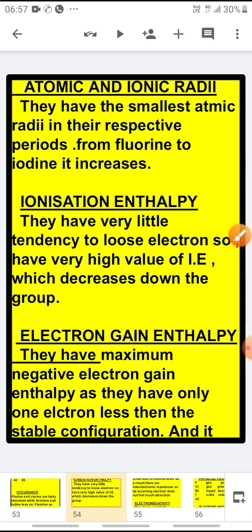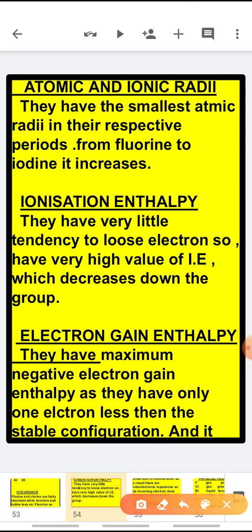Now coming to ionization enthalpy, as they have only 1 electron less than the stable configuration, so they have a very high value of ionization enthalpy, but it decreases down the group. They do not have a tendency to lose electron. They have very little tendency, you can say. Now coming to the electron gain enthalpy. You all know electron gain enthalpy is the amount of energy released when an electron is added to the outermost shell.